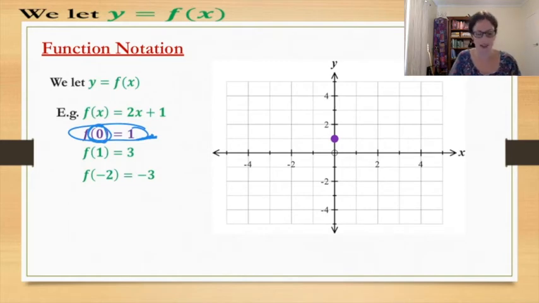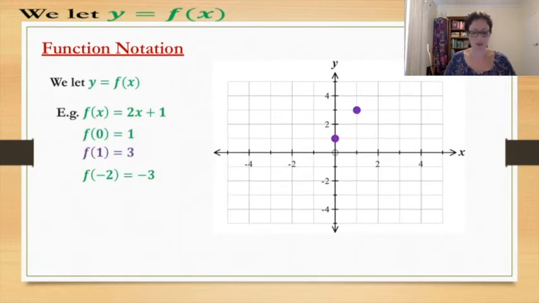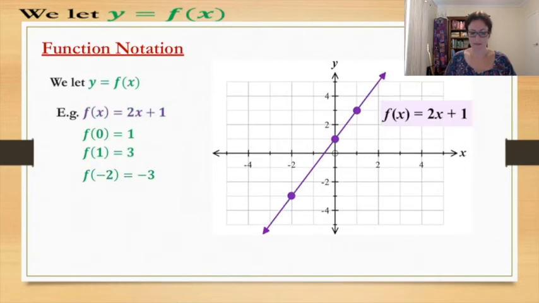They're sitting there together, and conveniently they read in order, just like x and y appear, x is first, y is second. Here, the 0 appears first and then the 1 appears second. So it's really neat and tidy. Graphing that, x is 0 here, up to y is 1. Looking at each of those points there, we have the coordinate (1, 3), and that's graphed, and then the coordinate (-2, -3). And so they create our function of 2x add 1. Good.